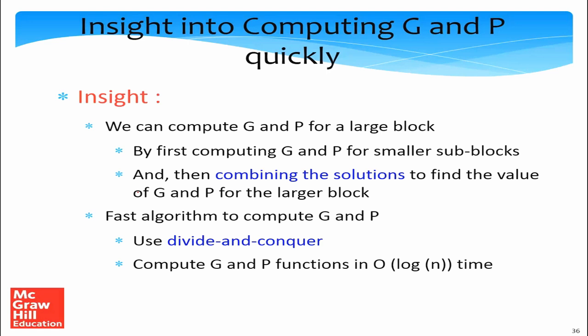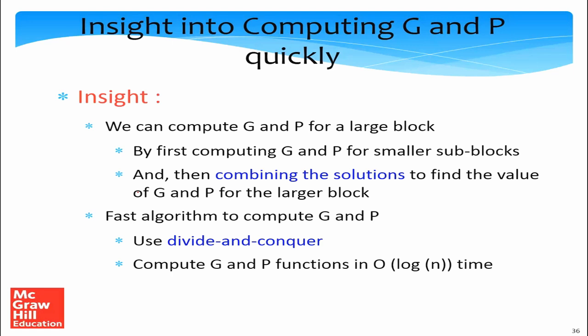So a fast algorithm to compute GNP will have to use some sort of divide and conquer strategy, which means first solve the problems for very small blocks and gradually combine them to get the solutions for bigger and bigger blocks, right?